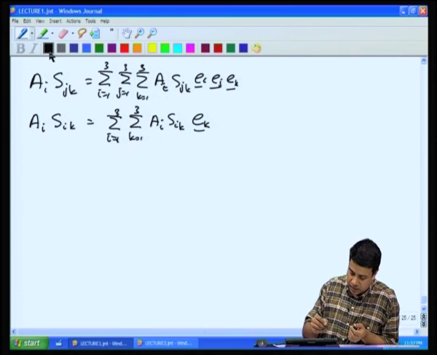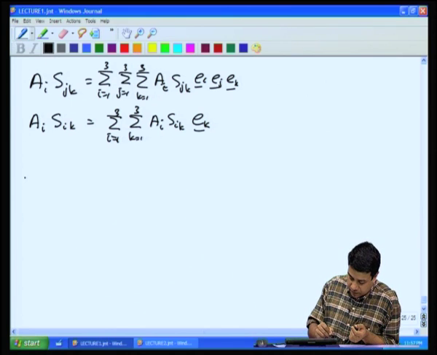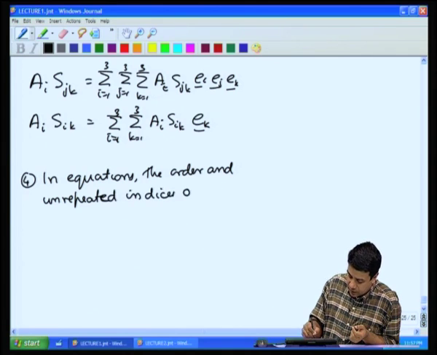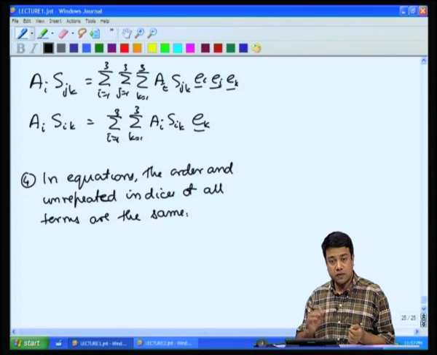And one has to remember the fourth rule, which I had not put up there, that in equations the order and unrepeated indices of all terms are the same. The order of all terms has to be the same.